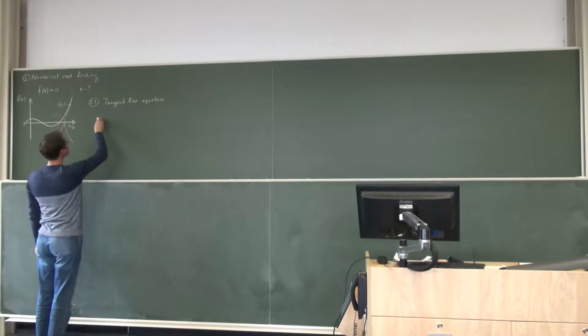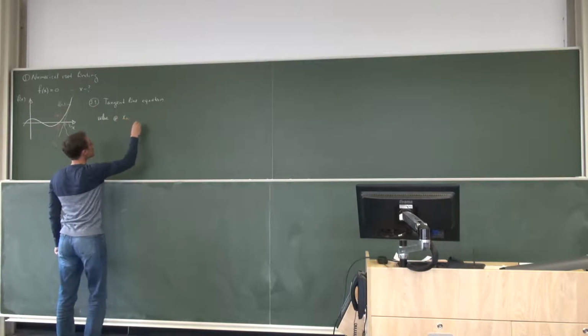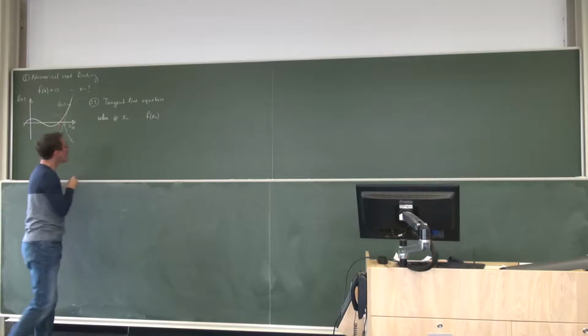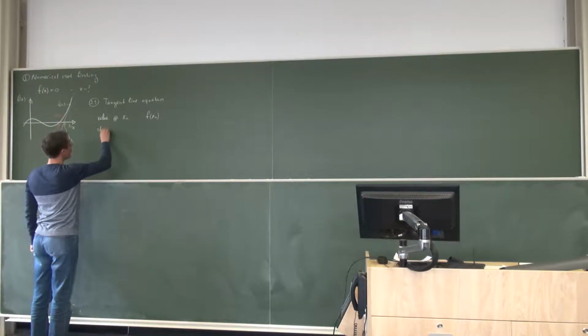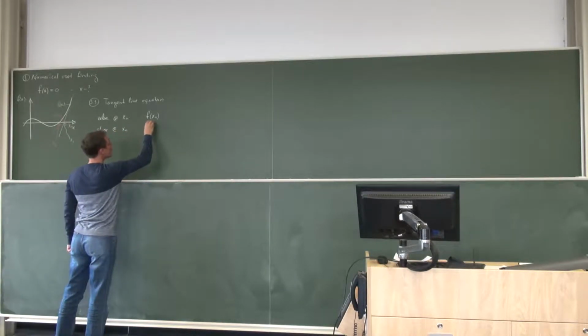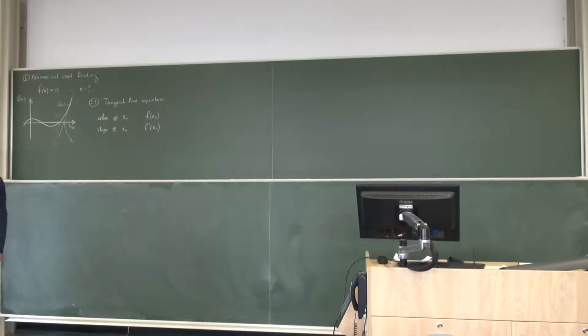So, okay, we have the value. So at some point xn it will be f of xn. And then the slope at xn will, as you know, be f prime of xn, because the derivative of the function is the slope of the function at a particular point.